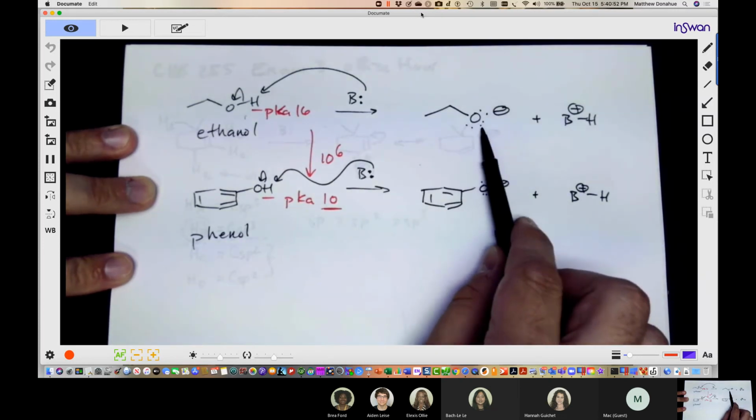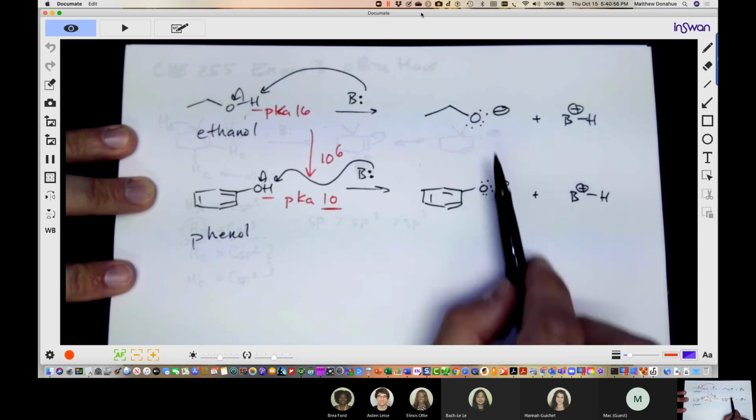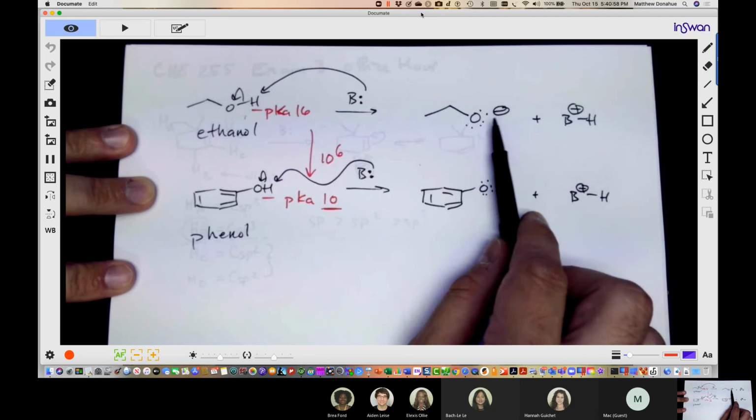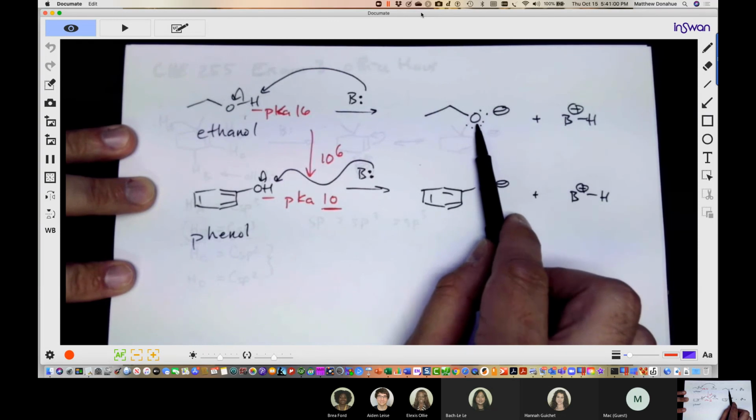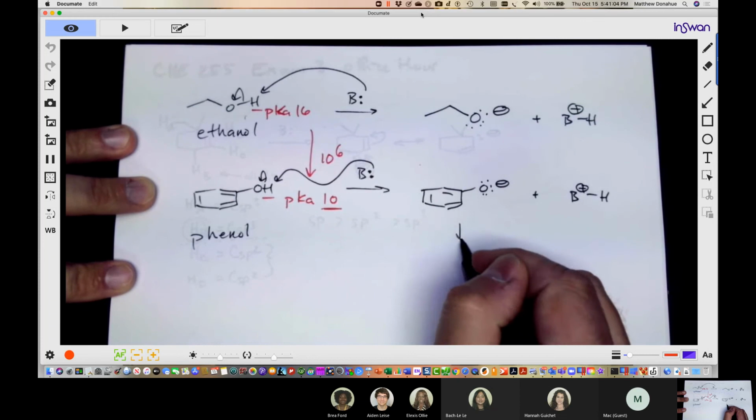Now what stabilizes this versus this? They're both O minus, right? This negative charge is only on that oxygen. This negative charge is stabilized through resonance.